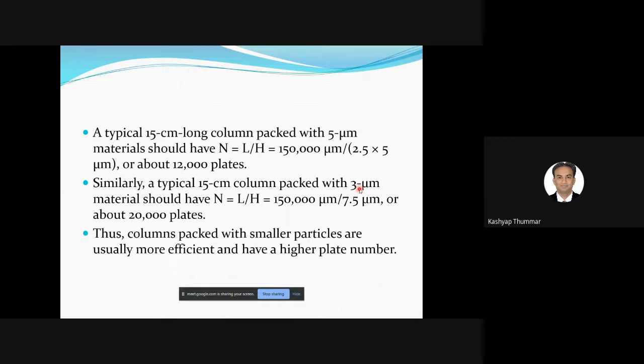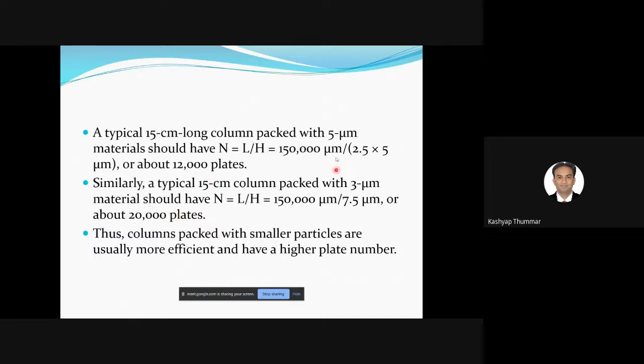Generally, UPLC or UHPLC, ultra high pressure liquid chromatography, have a column pack with a particle size less than 3 micron, because that gives more efficient separation in a shorter period of time, as we have increased the plate numbers.